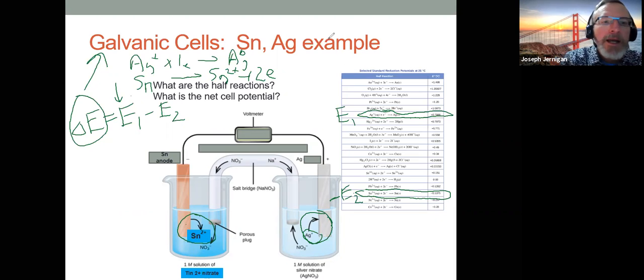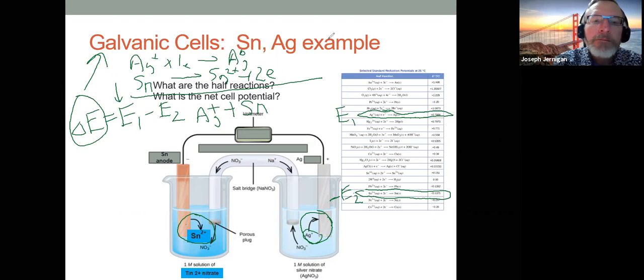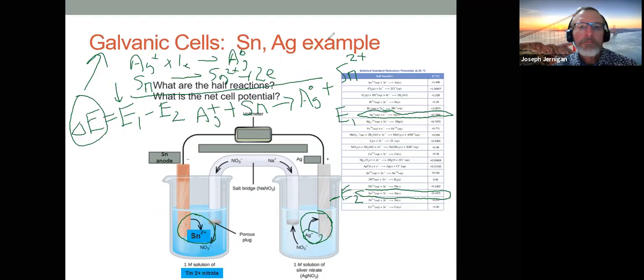Okay, and now just like we've done in all of our thermodynamic work, you can add those two babies together. Silver plus Sn is going to what? Silver 0 plus Sn2+.